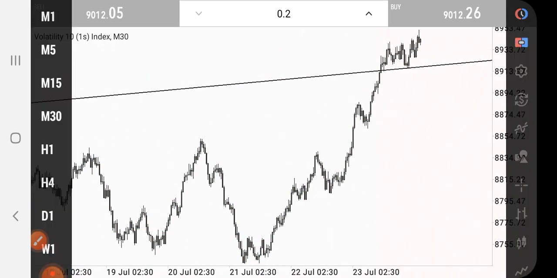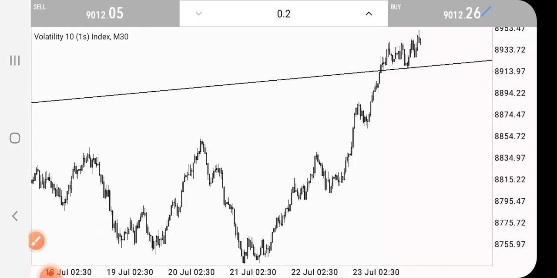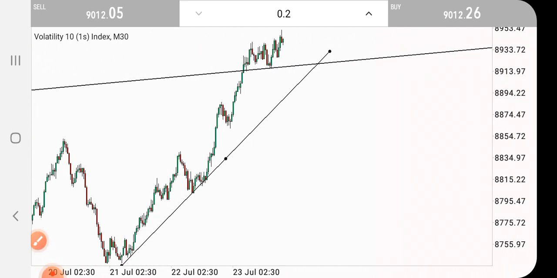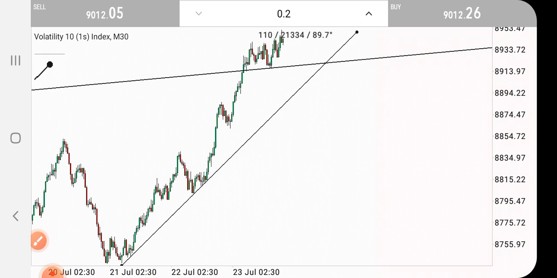Each and every time you have to draw your trend line to show where the trend is going. So here, this is the lower high. We connect to this lower high. We connect all the lower highs.